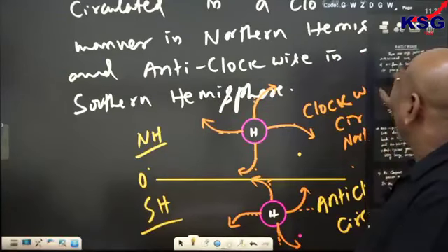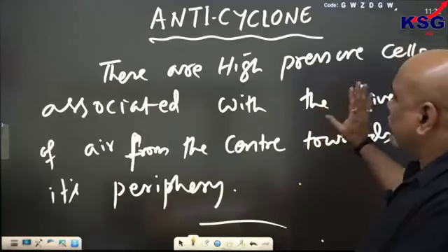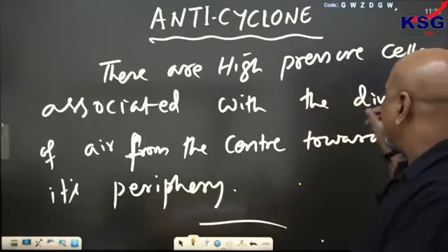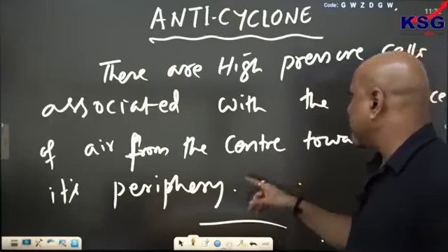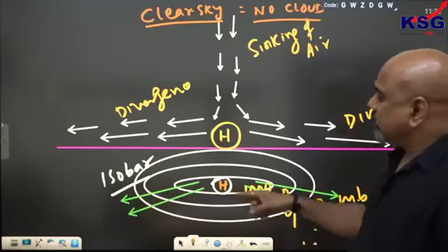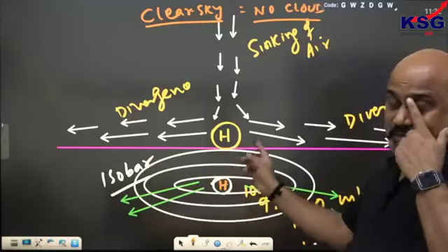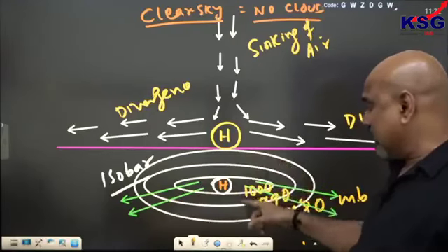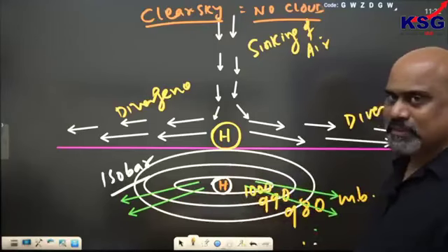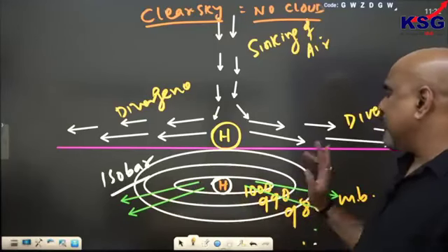I have already given what is an anticyclone. I told you, these are high pressure cells associated with the divergence of air from center towards the periphery. Second point, I said that if there are concentric circles, like isobars are like this, with highest pressure at the center, wind will try to go away from the center toward the periphery. Divergence is there.